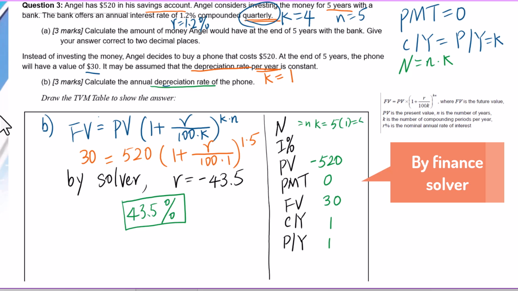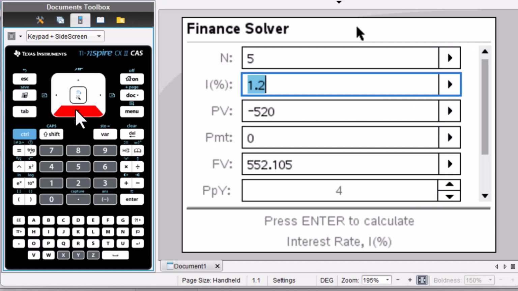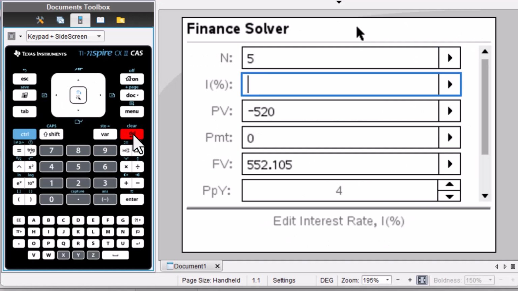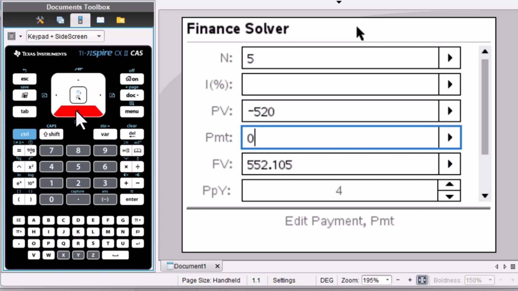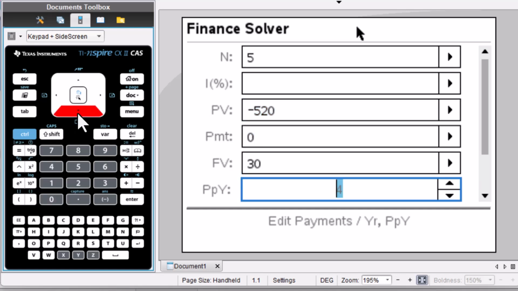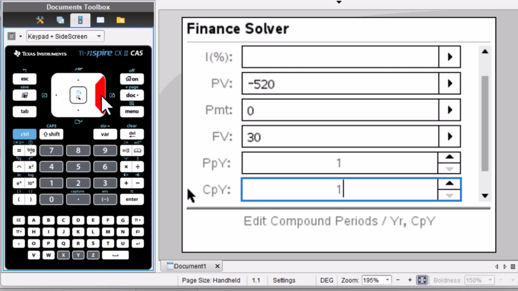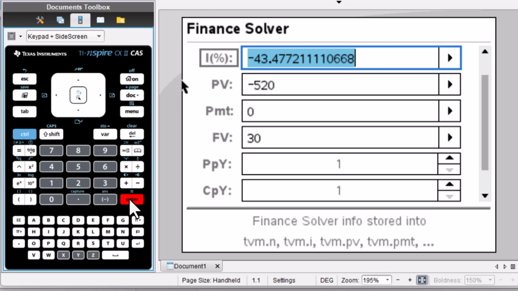Let's go to calculator. I is something we are looking for. Present value negative 520. PMT is 0. Future value is 30. PY is 1. Move the cursor to I%, enter. You got the same answer.